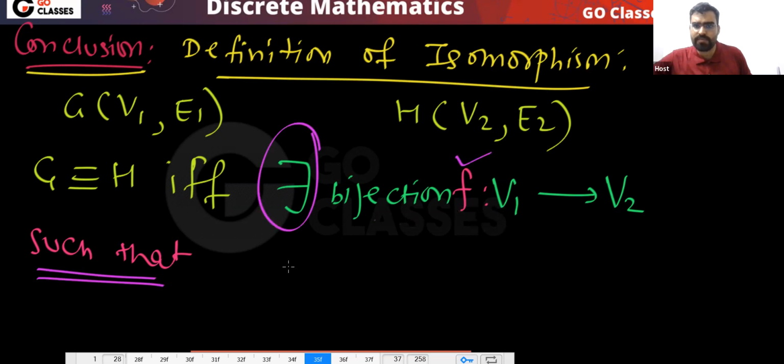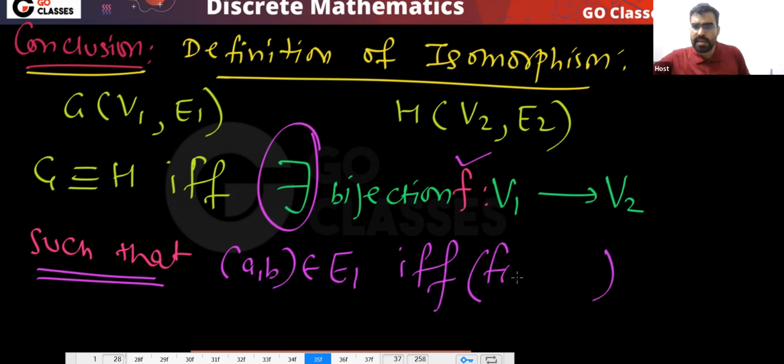an edge (A, B) belongs to E1 if and only if (F(A), F(B)), their corresponding vertices, belongs to E2. If these two have an edge, then their corresponding vertices should have an edge. If these two don't have an edge, their corresponding vertices should not have an edge.